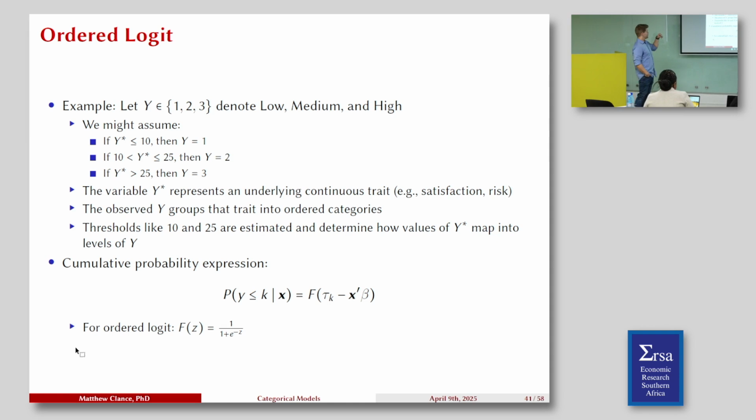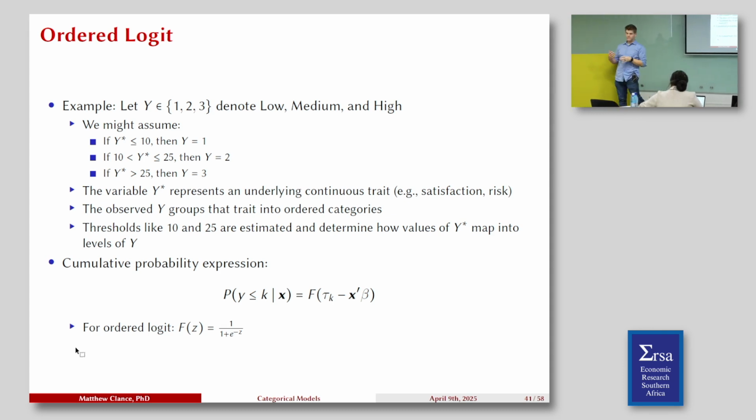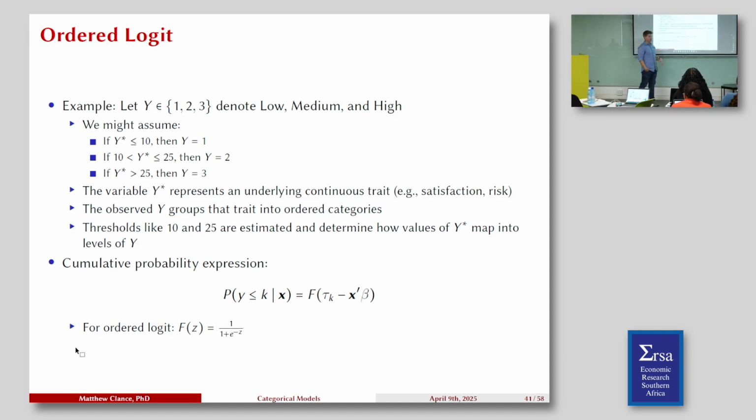Once we cross that threshold, the y star that we see until a point, say 25, we would observe y equal to 2. We're just trying to make some reference to some continuous value that gives us why that choice was observed. And then if we have y equal to 3, anything above 25 would give us that. In that case, we're basically saying that variable y star represents the underlying continuous trait, say satisfaction, risk, whatever we're thinking about.